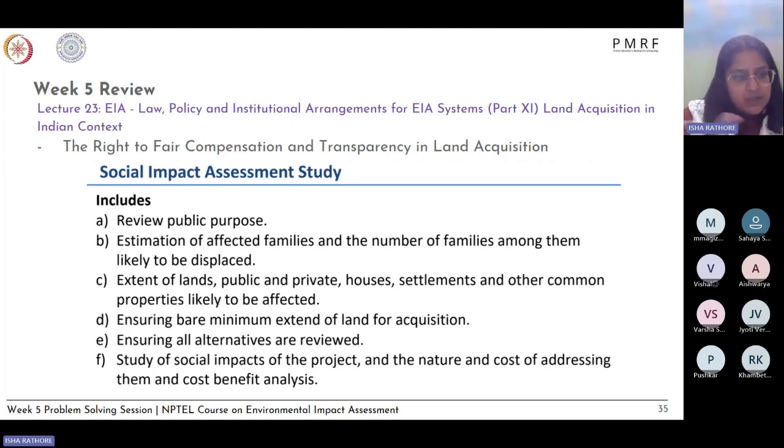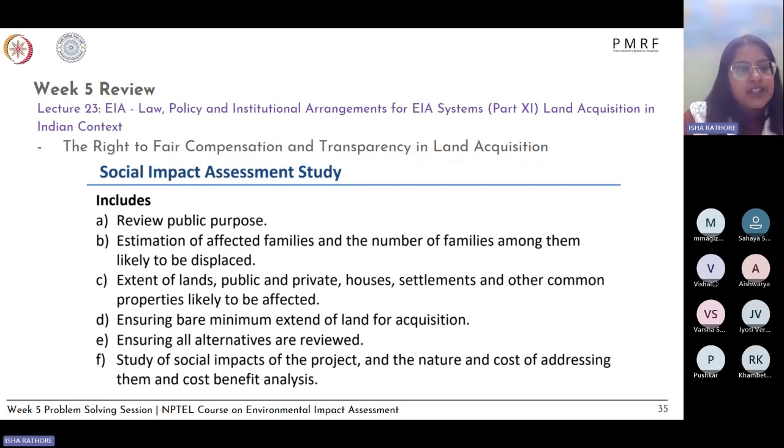They also need to estimate the extent of land, the public and private houses, settlements, and other common properties which are going to be affected because of the land acquisition. They need to ensure the bare minimum extent of land for acquisition. They need to give this boundary or the area which they're going to acquire.